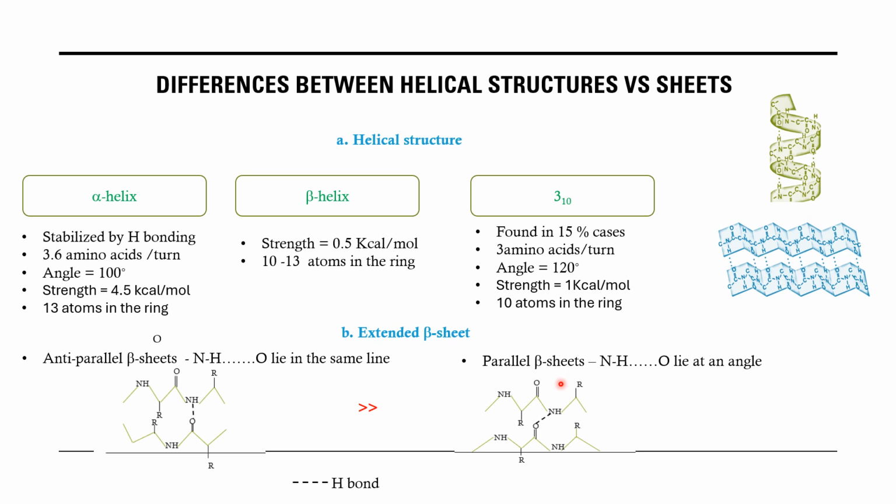In case of parallel beta sheets, you see that NH and O do not lie in the same plane but at an angle. So this basically is the major difference between anti-parallel beta sheets and parallel beta sheets. Because of this, anti-parallel beta sheets are more stable than the parallel beta sheets.